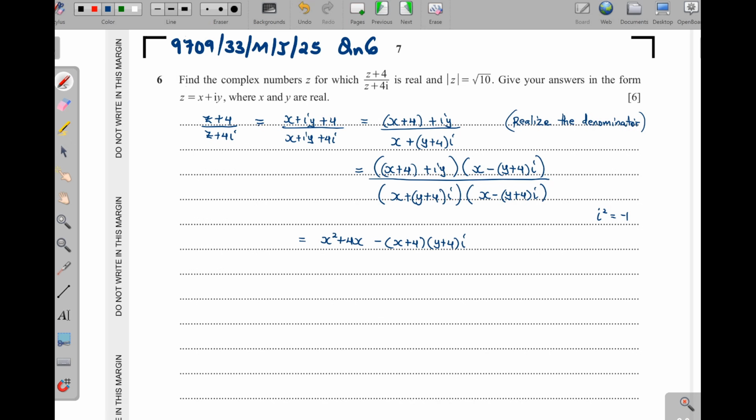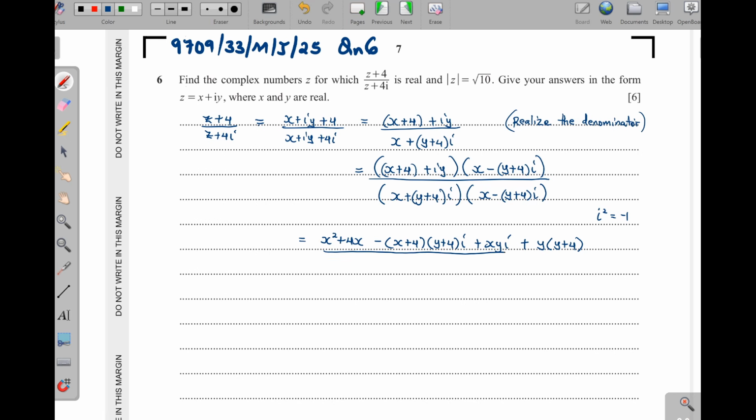Are we there? Then this one's multiplied, we shall get xyi. And then this one and this one here, you are going to have, first of all, i multiplying with i, it becomes i squared. And there is a minus here, so it will make it a positive. So I'll just write plus, then y into y plus 4.